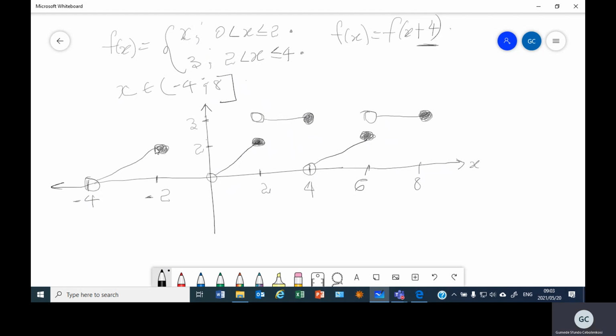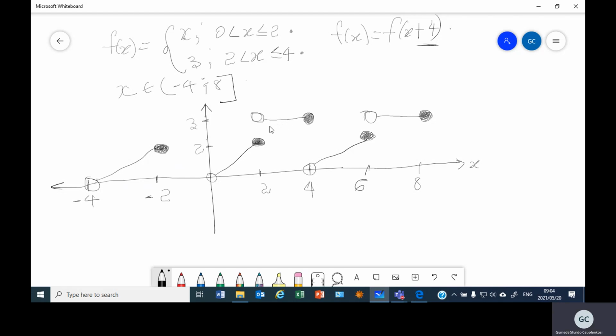So this function is like this now, moved 4 units to the left. All right, so this function has been moved now. How many units? 4 units to the left, because this point was at 0. Now, if it moves to the left, it will be at -4. This point was at 2. If it moves 4 units to the left, it will be at -2. So we've moved the first function.